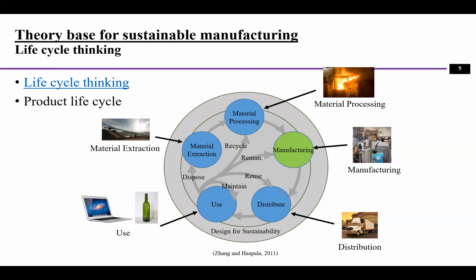And why do we want to look at a product from this life cycle perspective? Why don't we just focus on the manufacturing itself? Well, in order for us to understand the environmental impact, or how to improve, for example, the total life cycle carbon emissions or the impact on the earth, we have to look at how this product actually goes through this whole product life cycle, from the beginning to the end.